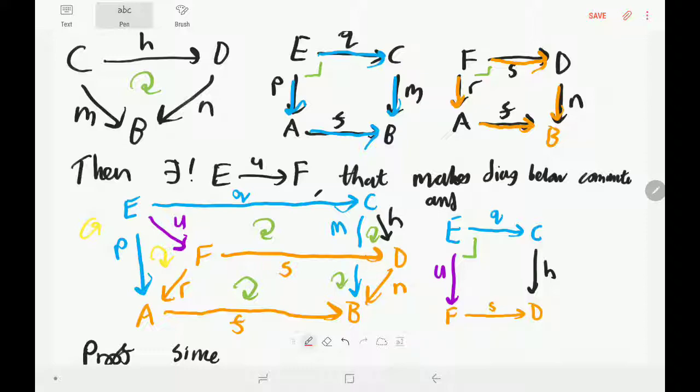Now the claim is that given that information, so given this lower wall and the base, there exists this unique U here which makes this top part SU HQ a pullback square as well, and also makes the whole diagram commute.